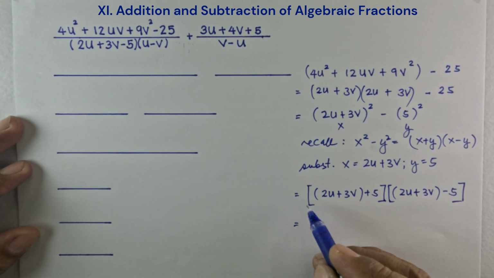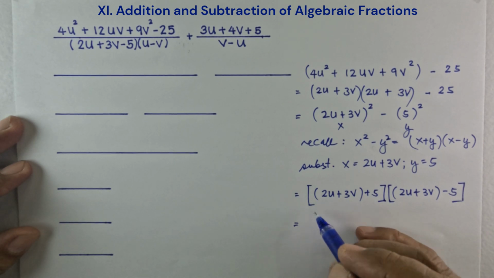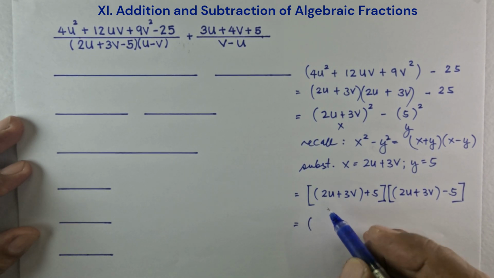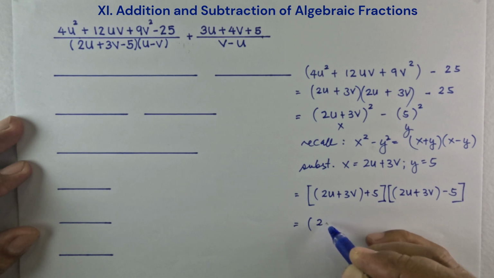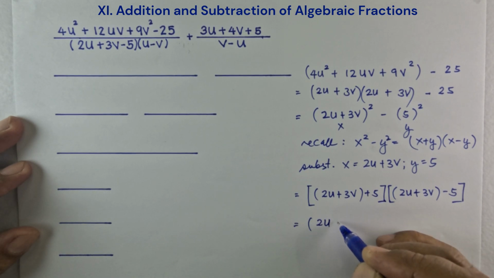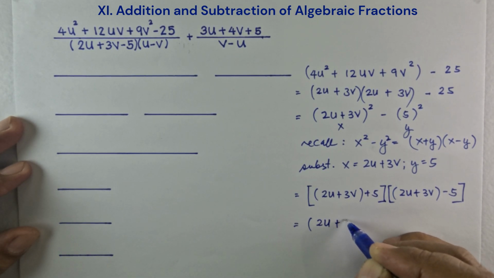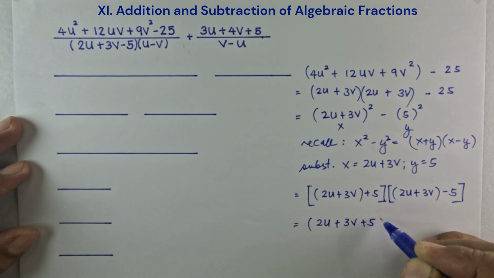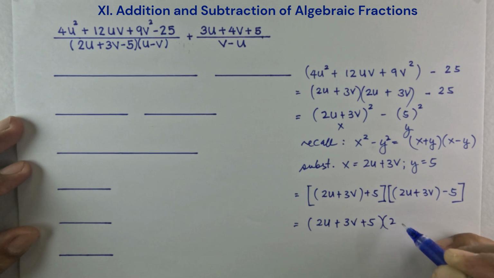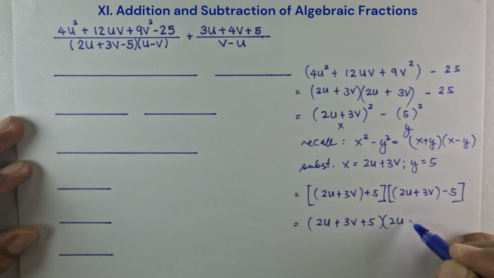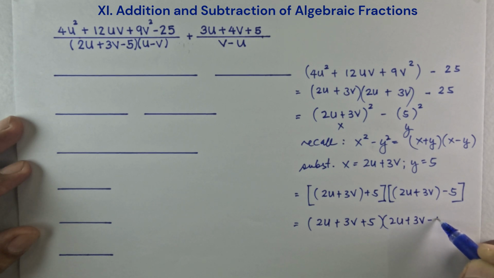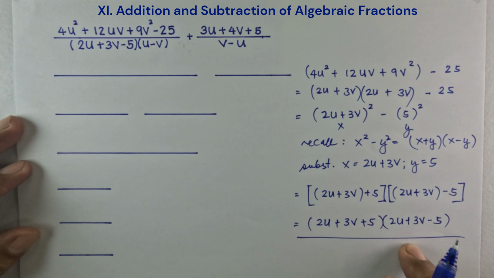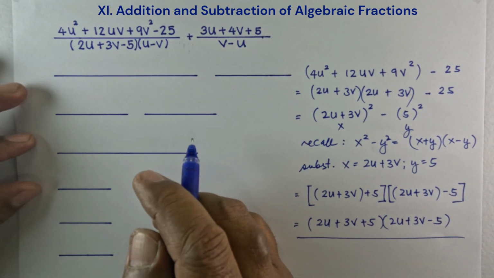So let's take this out of the bracket. This becomes now 2u plus 3v plus 5 times 2u plus 3v minus 5. So these are the factors of the numerator there.